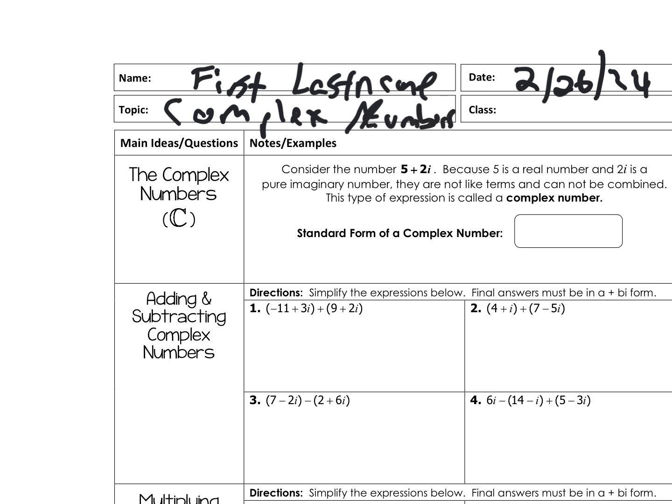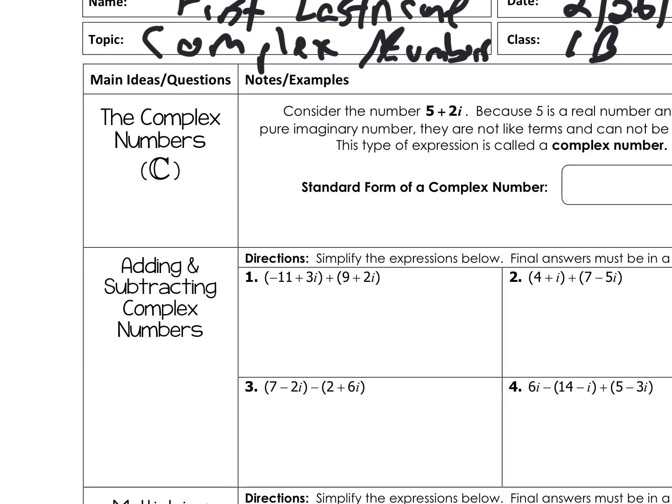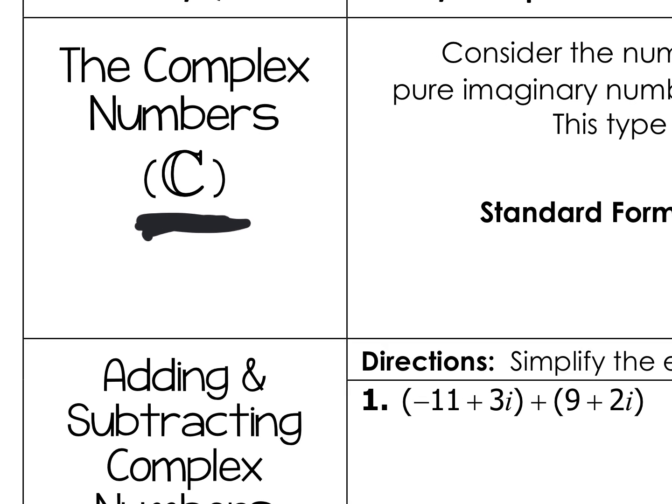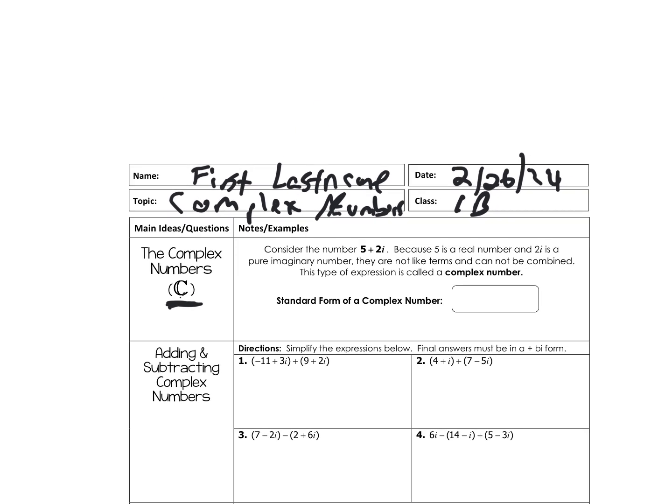Complex numbers. The symbol for complex numbers is this kind of italicized C. You don't see it? I'm talking the whole time on all those things, and you didn't say anything. I can't find the one you're talking about. I don't even see it up there anyway. I think my thing went off. It's not even connected anymore. It was on there when we were looking at the email, that's for sure. There it is.